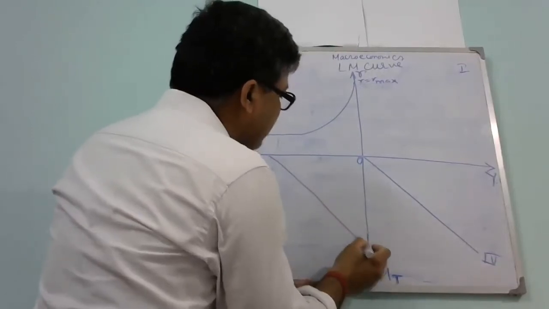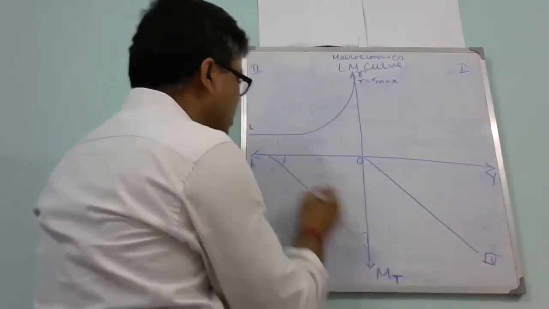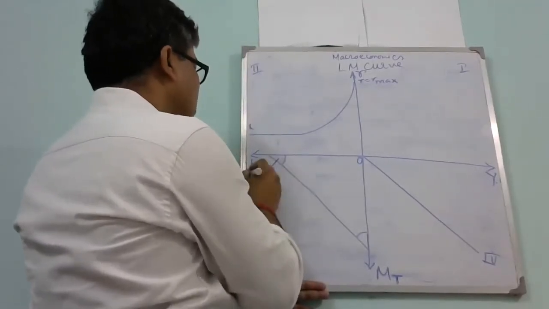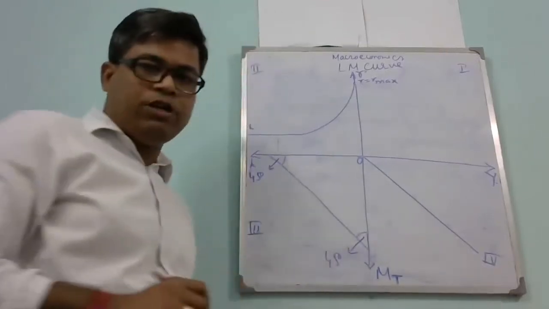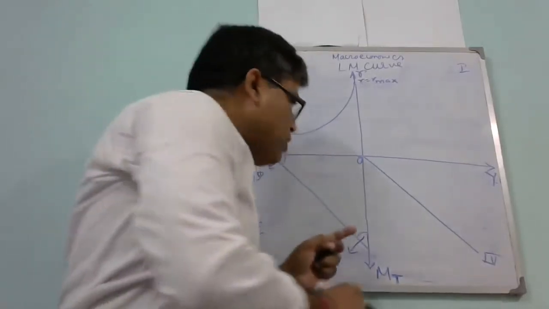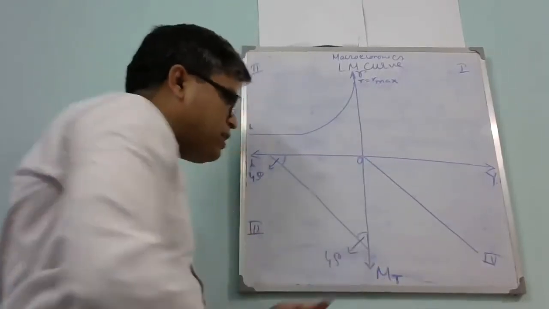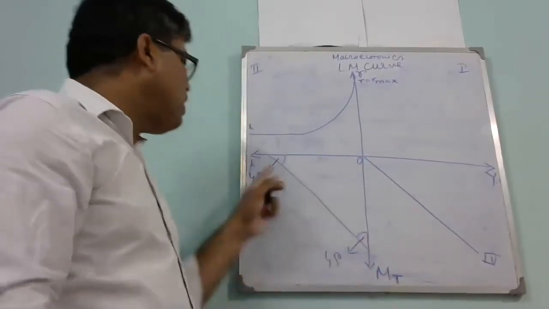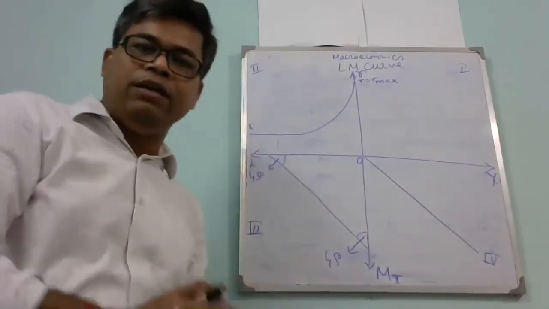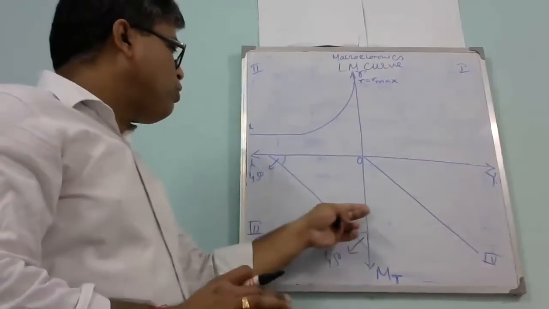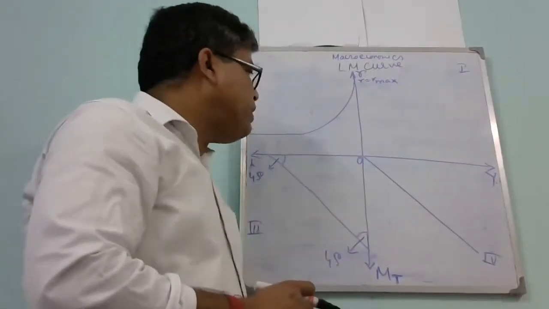The 45-degree line is there because geometrically, if we add the total transaction demand for money and the speculative demand for money, we get the total demand for money in the economy. That is the geometrical summation that I will show here.